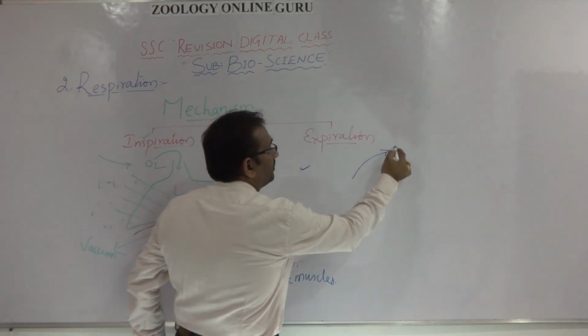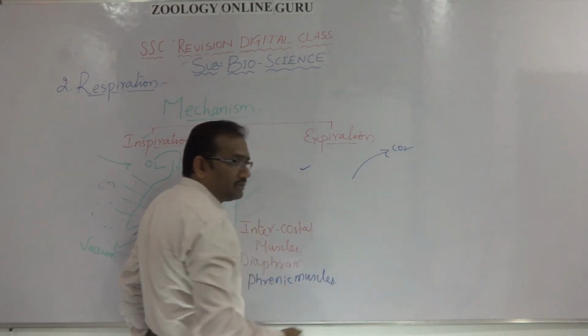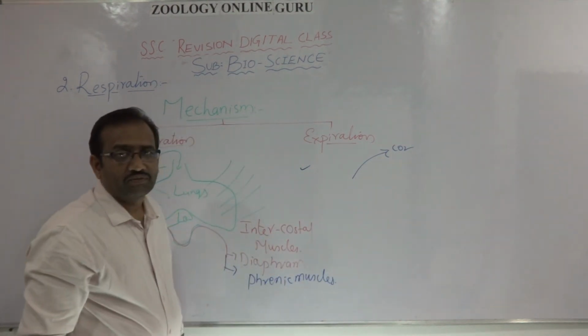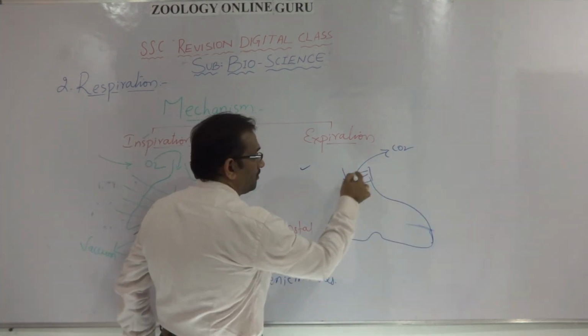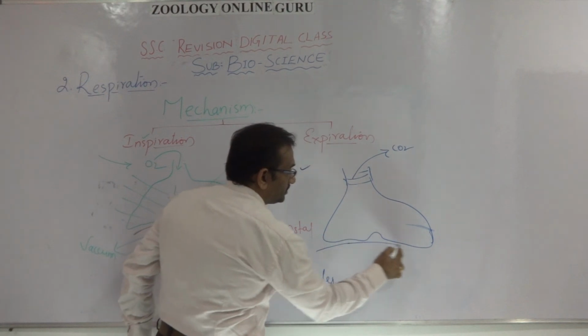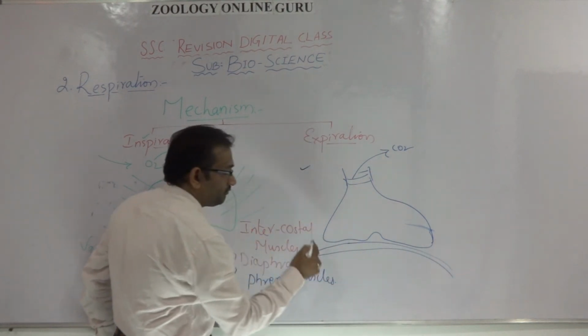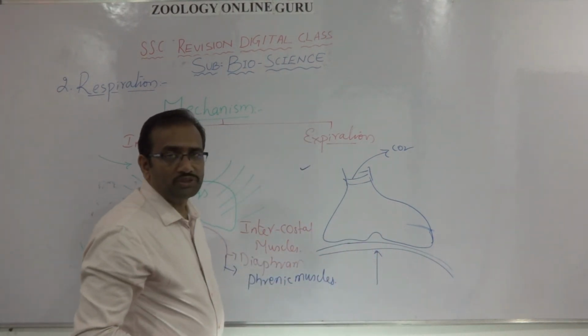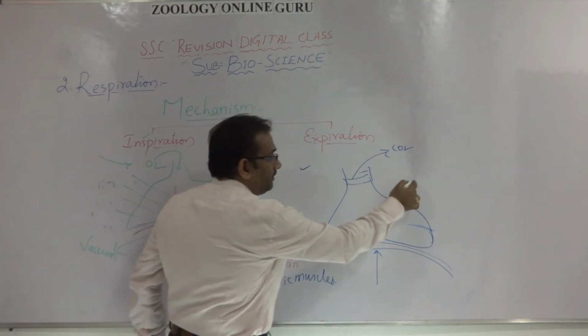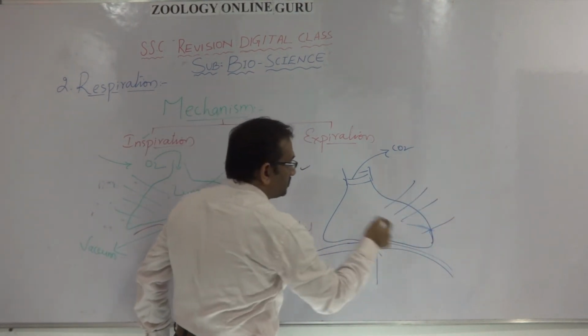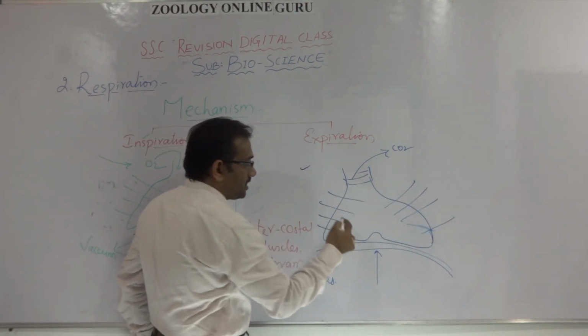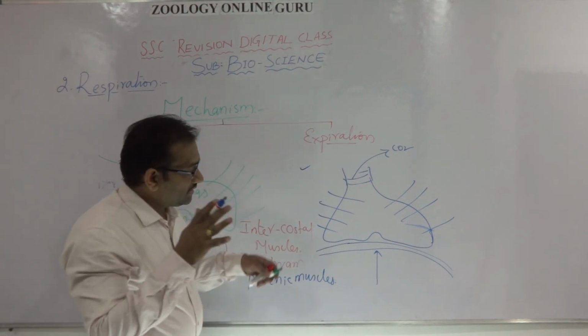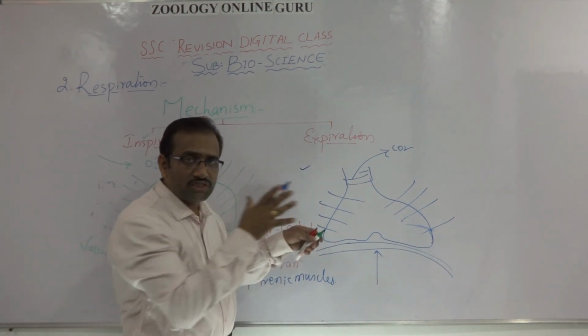Releasing of gases is called expiration. Lungs, the diaphragm. The diaphragm comes to the normal position and the intercostal muscles also come to the normal position. Then there is a pressing of the chest cavity.